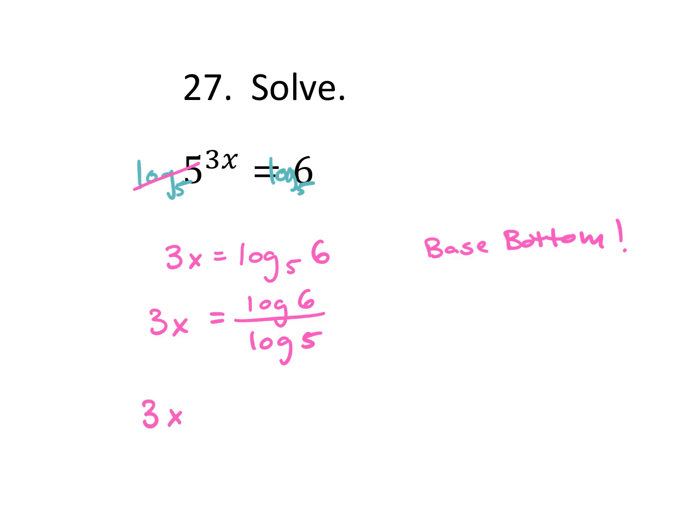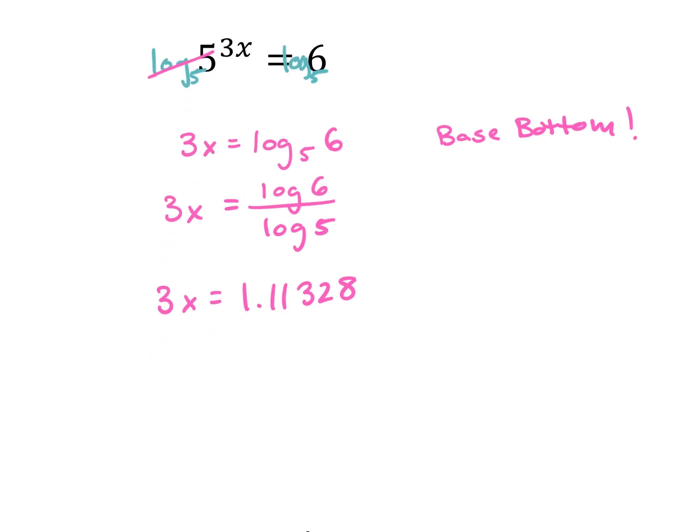You should get 1.11328. Then our very last step is divide by 3. So x equals 0.371. It'll probably round to 3 decimal places, but again, it's multiple choice.